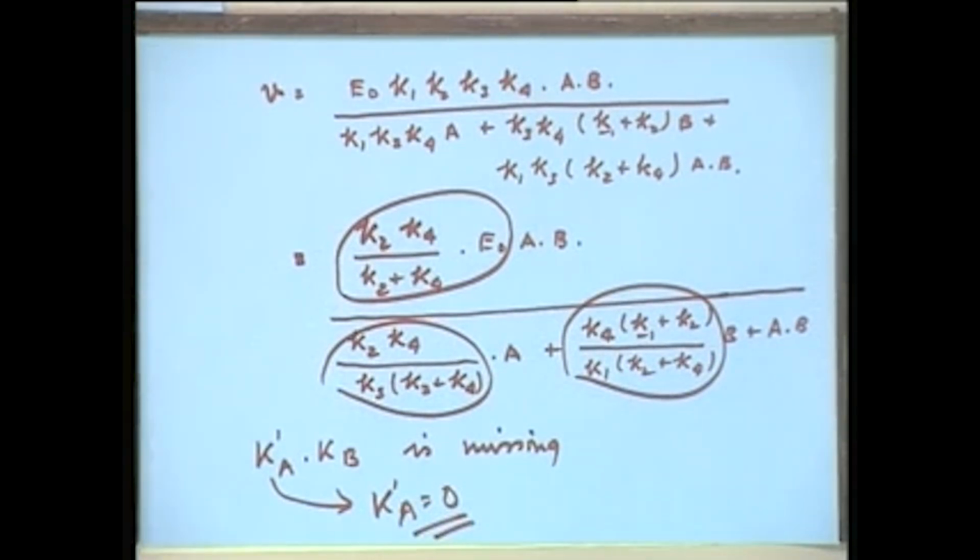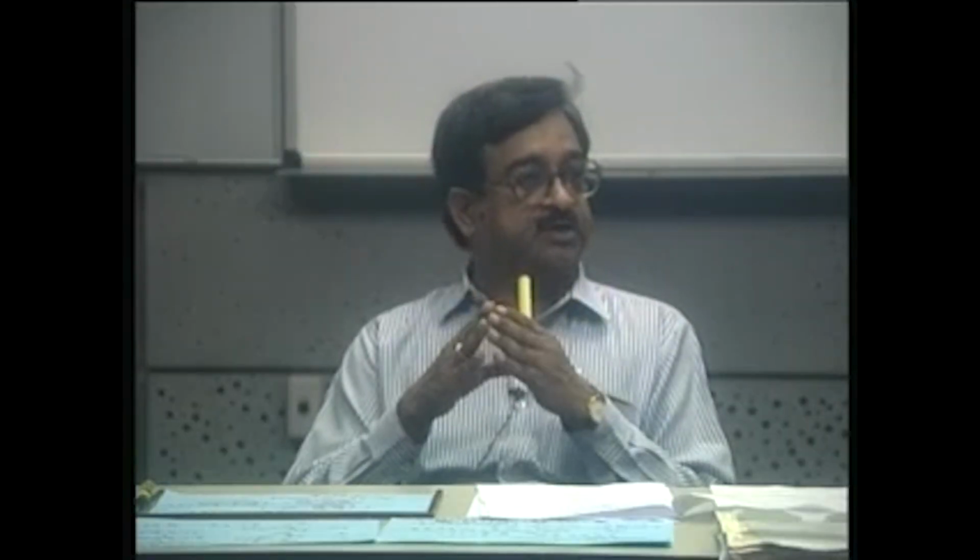That makes a very big point to discriminate between the different reaction mechanisms. At least you can distinguish whether the enzyme reaction follows a binary complex mechanism or a ternary complex mechanism by just evaluating the value of K'A.